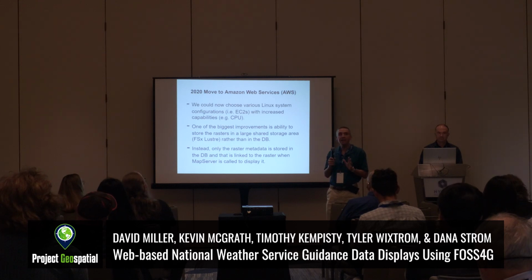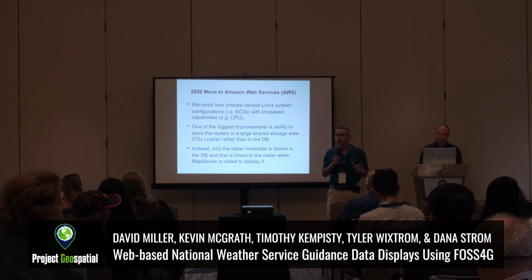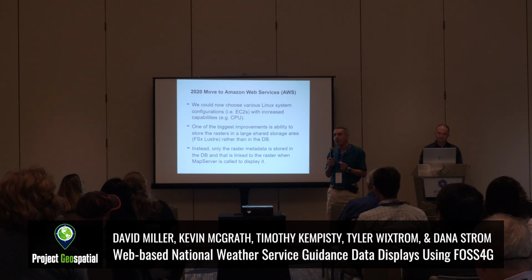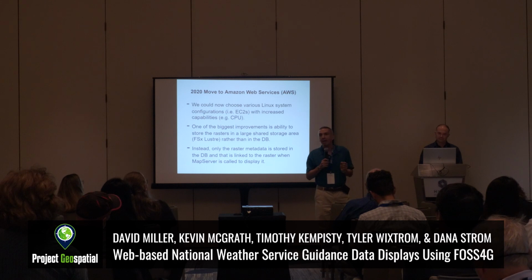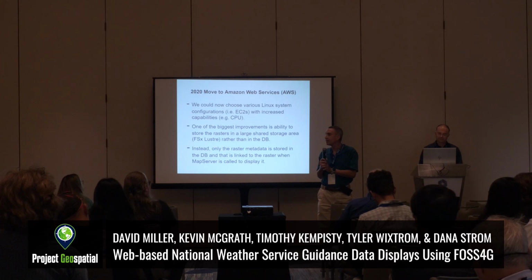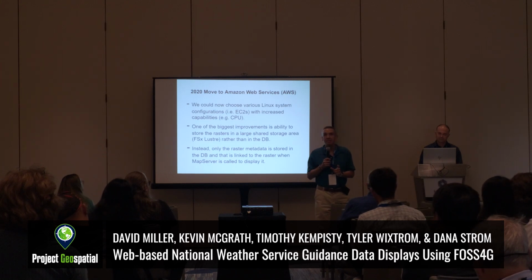And so it allowed us to explore new possibilities and to get the images out to the public a lot quicker than before. One of the biggest improvements was that initially the rasters were stored in the database itself. Our DB expert came up with the idea that he would only store the metadata in the database, and the rasters themselves were now on a Lustre instance in AWS.